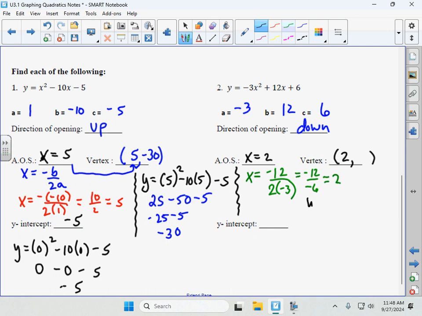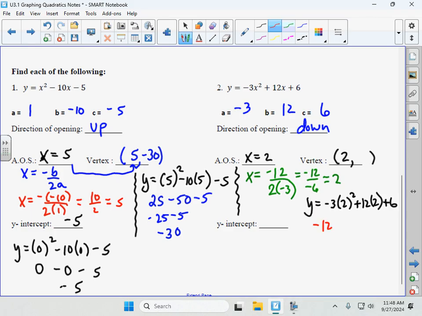So y equals negative 3 times 2 squared plus 12 times 2 plus 6. Order of operations, you have to do exponents first, then multiply by negative 3. So 2 squared is 4. 4 times negative 3 is negative 12.